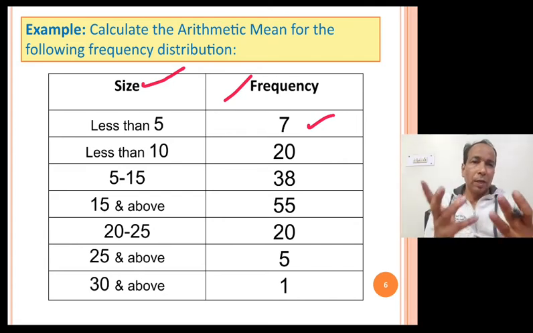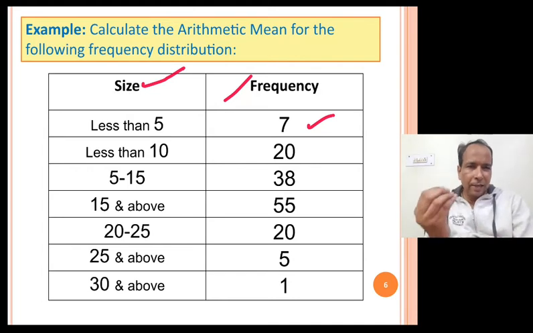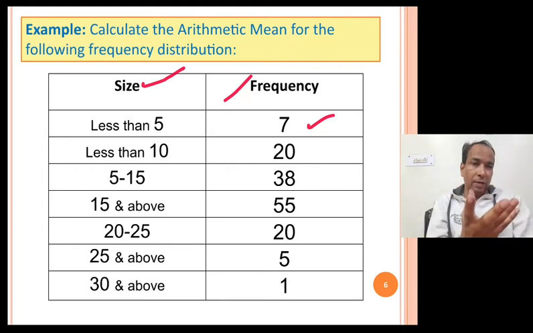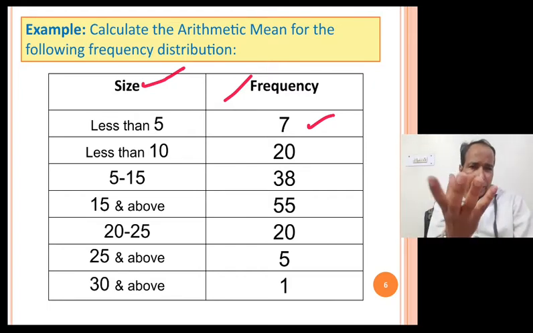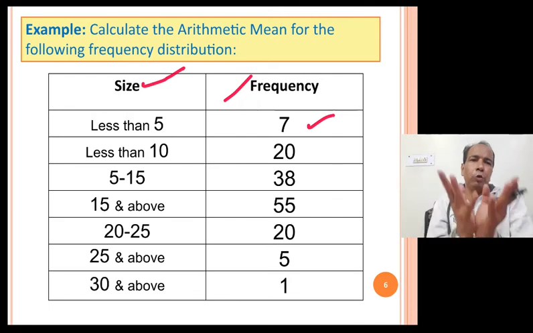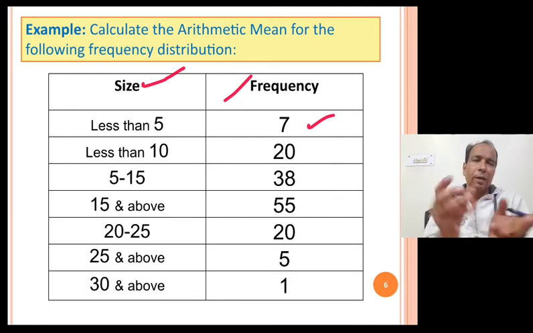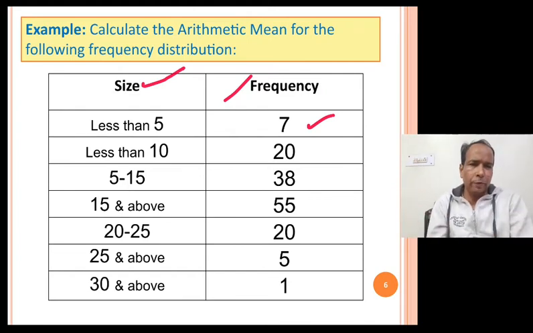Now comes less than 10. Less than 10 is 20, that is, up to 10 the values are 20. That means if from 20, that is less than 10, you reduce less than 5, you will get the values for 5 to 10. So less than 10 is 20, less than 5 is 7.